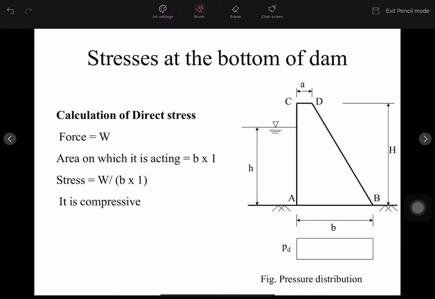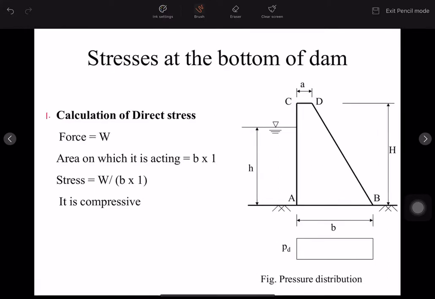Next is stresses at the bottom of the dam. So calculation of the direct stress. First, this will be the first stress. Direct stress will be due to self weight, that is force is equal to W, and the area on which it is acting is B into 1.